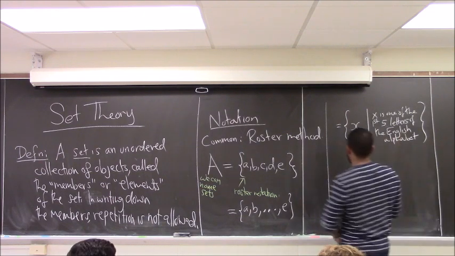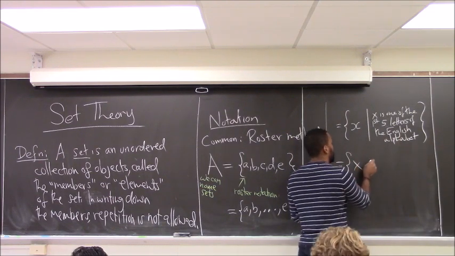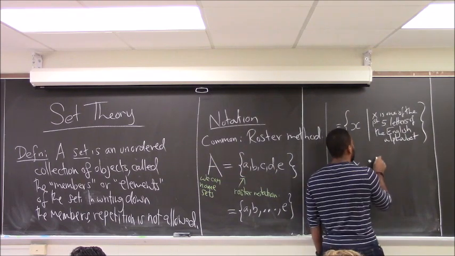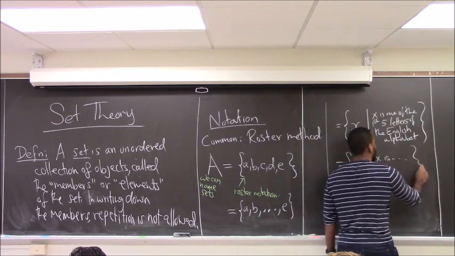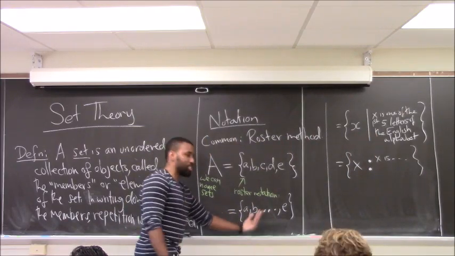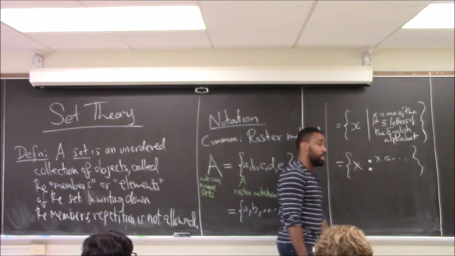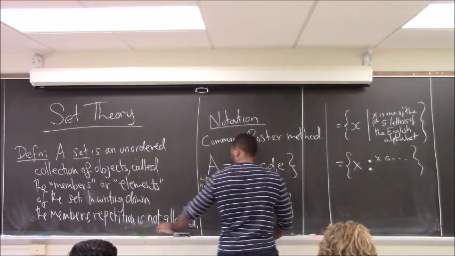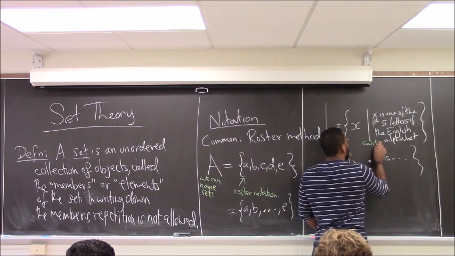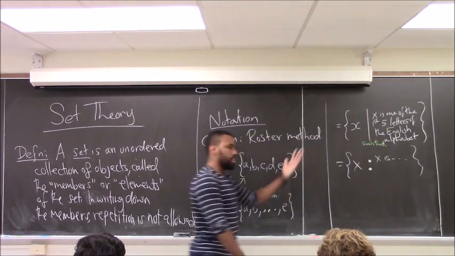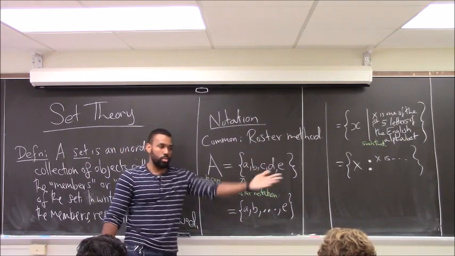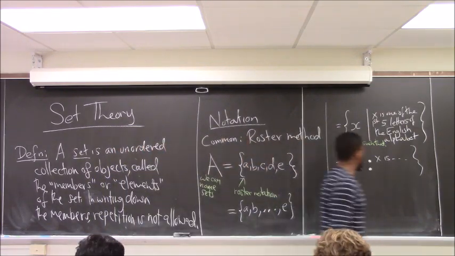For this bar, you could also use a colon, but I think the bar is more common. This bar is read as "such that." So if I were reading this, I would say this is the set of all X such that X is one of the first 5 letters of the alphabet.